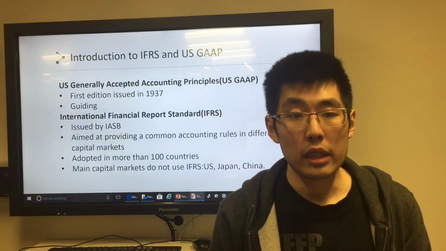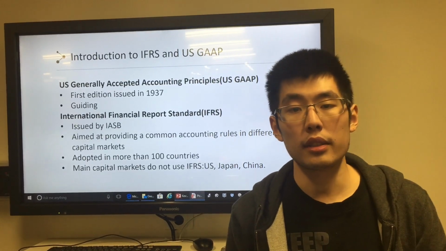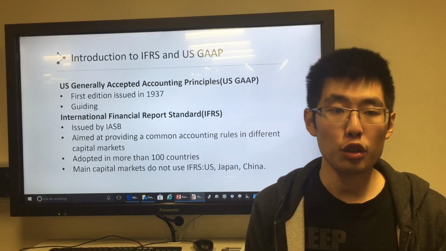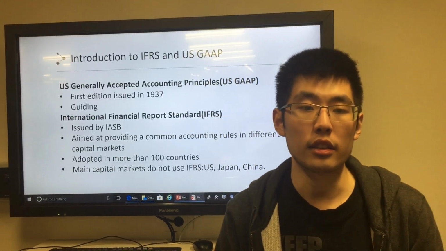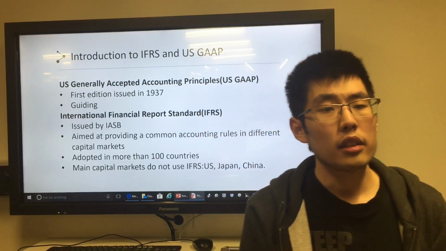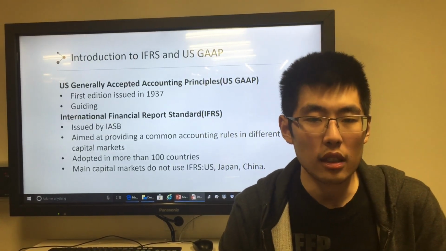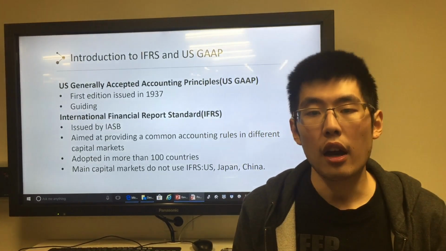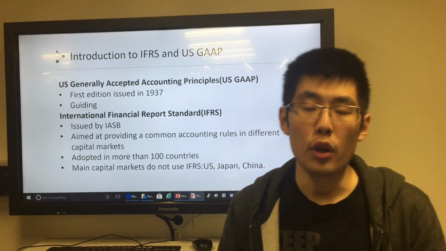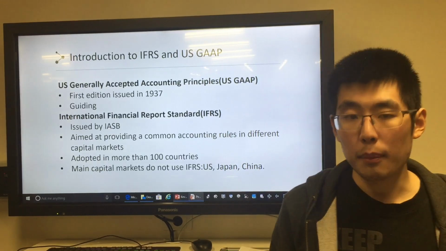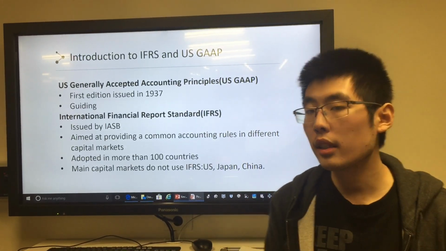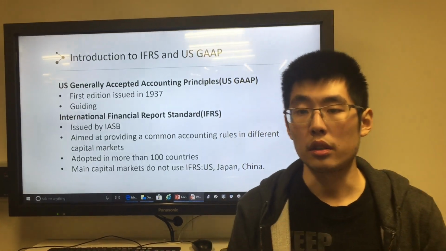With the development of multinational companies and economic globalization, the harmonization of accounting standards in different economies is necessary. International Financial Reporting Standards, or IFRS, and US Generally Accepted Accounting Principles, or US GAAP, are the two accounting standards most widely accepted in the world.